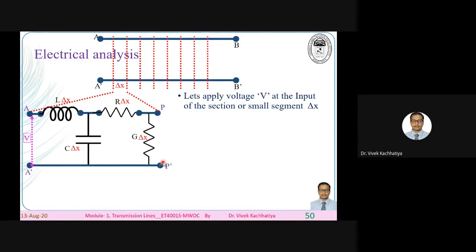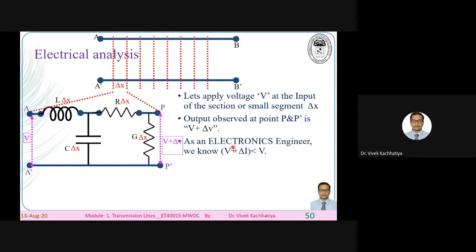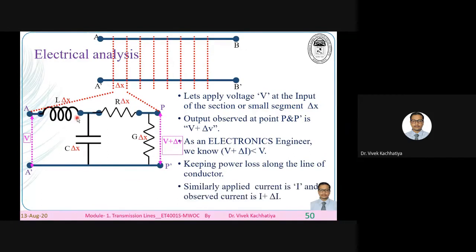We mark this output as V plus delta V. As electrical or electronics engineers, we know that this voltage will definitely be less than the input voltage. Why is it so? Because along the line there will be some power loss in the conductor.